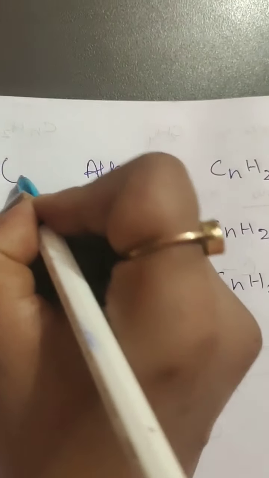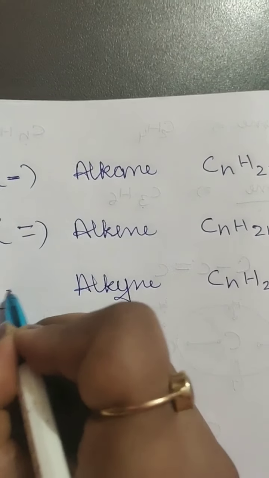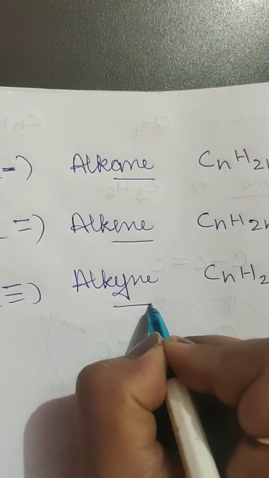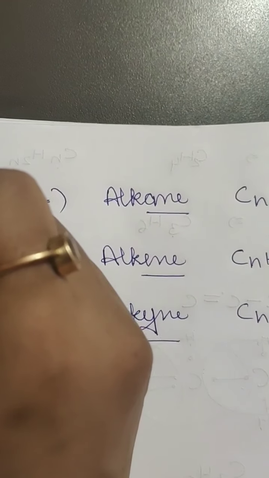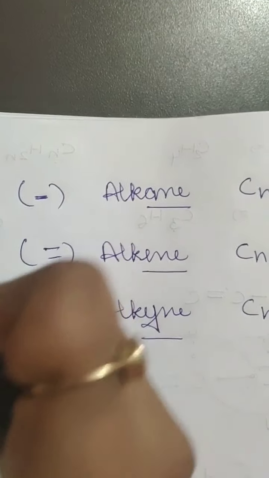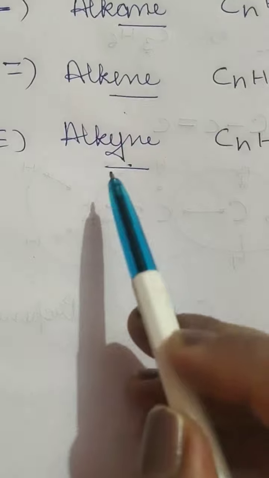So alkane has a single bond, alkene has a double bond, and alkyne has a triple bond. Alkane is saturated, this is unsaturated, and this is also an unsaturated hydrocarbon. Okay, now we are reading this alkyne. We have done this, and we are doing this now.